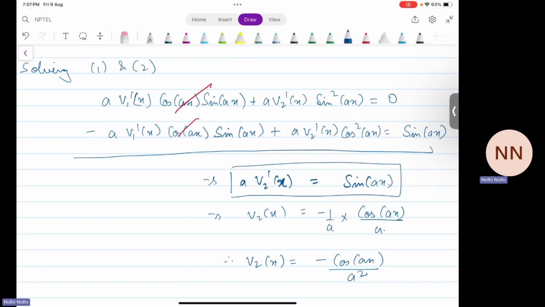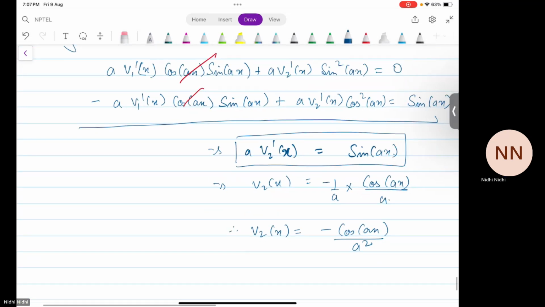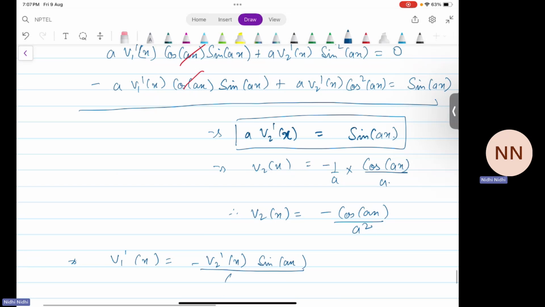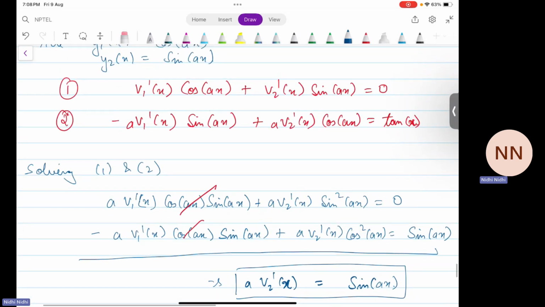Now this gives us that v1 dash(x) is equal to minus v2 dash(x) sin ax by cos ax. This came from equation 1.